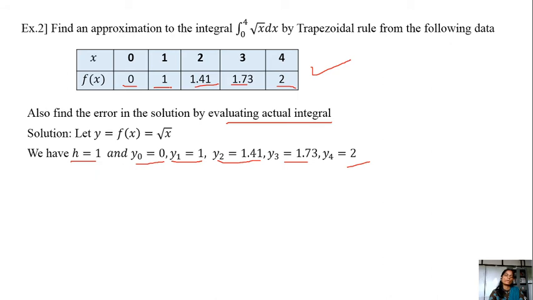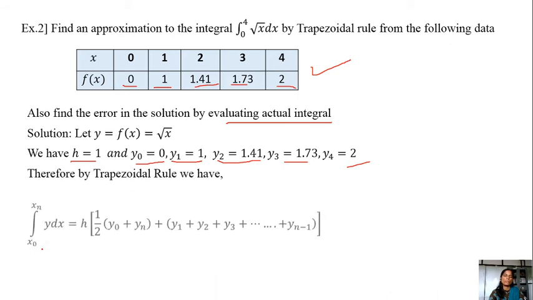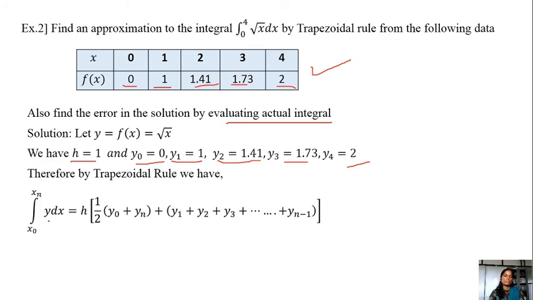Now write down the trapezoidal formula. By the trapezoidal rule we have the integration from x0 to xn of y dx is h times 1 by 2 of (y0 plus yn) plus the addition of the in-between terms.